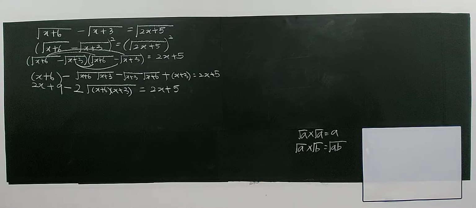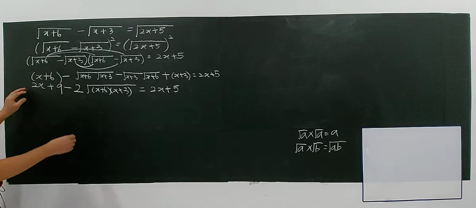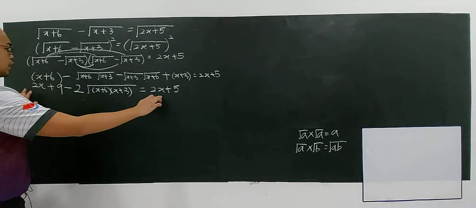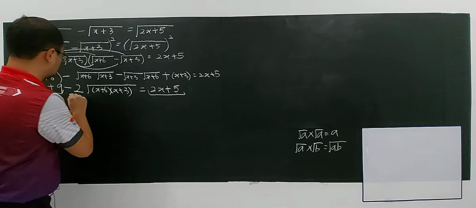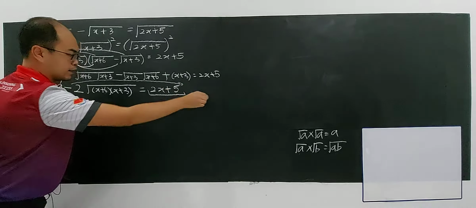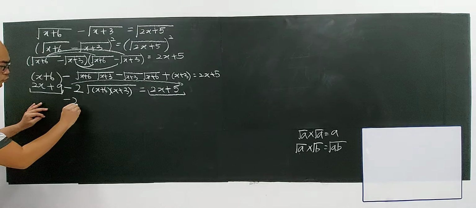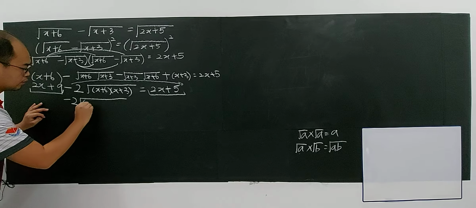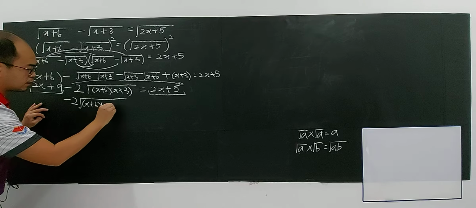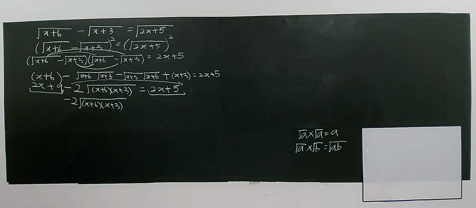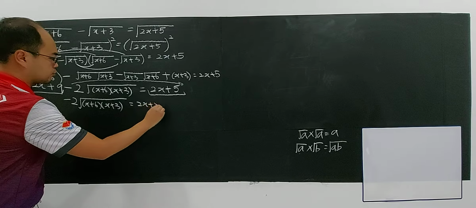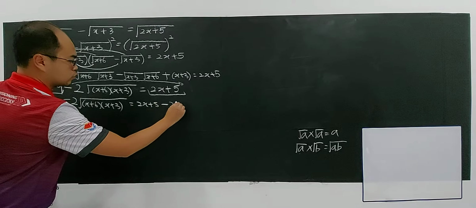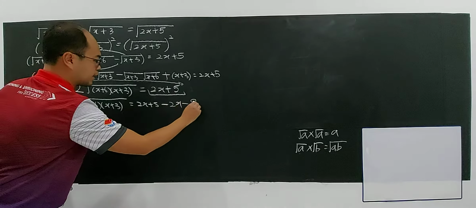Right? So now, slowly, we solve the problem. So 2x and 2x. Now I'm going to bring this over to the right hand side. So I have negative 2 square root of x plus 6, x plus 3. For this, I bring over, you have 2x plus 5 minus 2x, positive, negative 9.